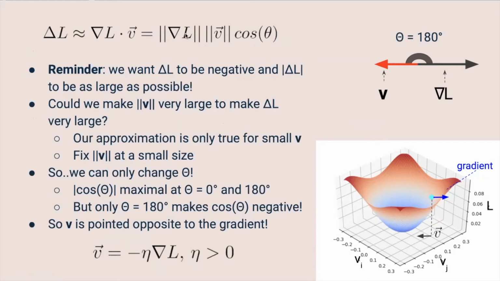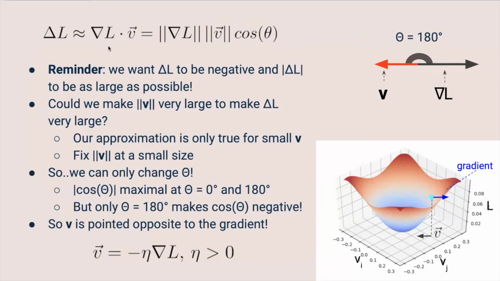And so it turns out that there is a handy identity for your dot product in terms of the angle between the 2 vectors. So you can imagine your gradient vector is pointing in some direction, and then the direction V is pointing in whatever other direction, and there's some angle in between them.